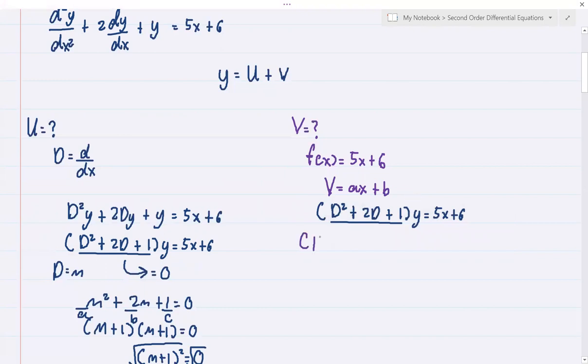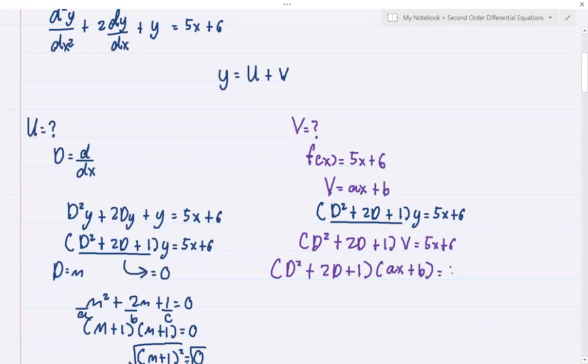So we will have the quantity D squared plus 2D plus 1 times v is equal to 5x plus 6. And once again, since your v is equal to ax plus b, we will have the same expression, but we will make your v as ax plus b.